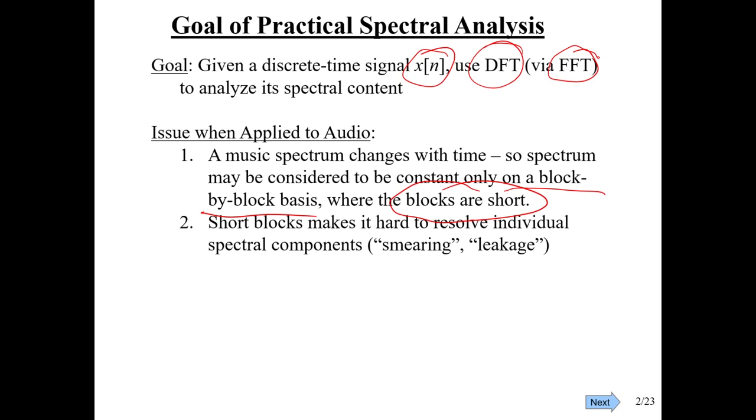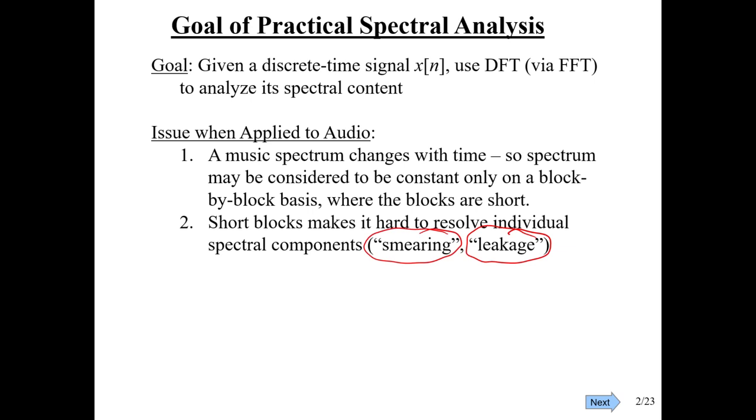And the thing that we see in those analyses is that when we make the block short, in other words, we try to take the DFT of just a short chunk of data, the resulting spectrum has what I call smearing and what a lot of books call leakage. It's the same thing, it's just two different words to describe the same mathematical function. And there are reasons why we sometimes might call it leakage and sometimes might call it smearing.